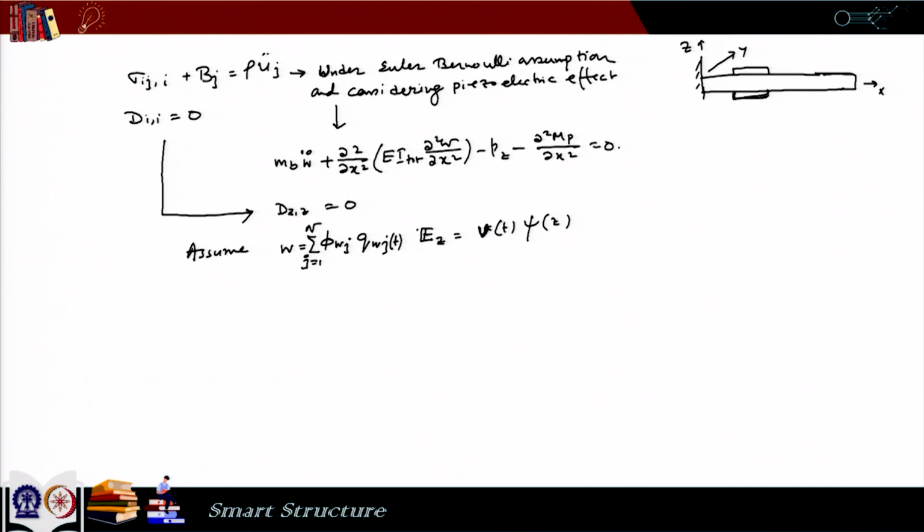Our approach is to multiply the first equation by phi_wi, taking i as the index.